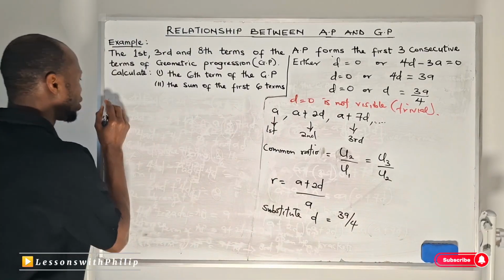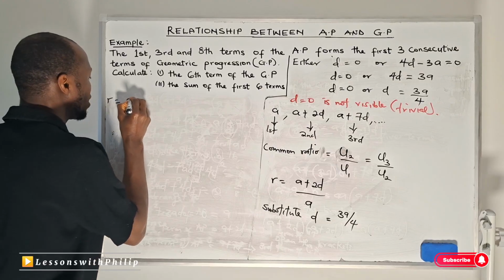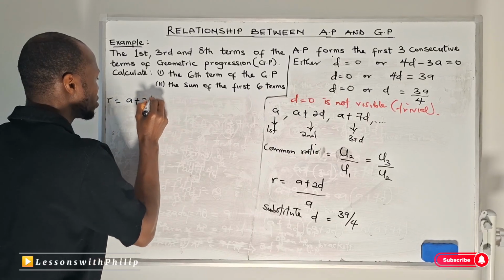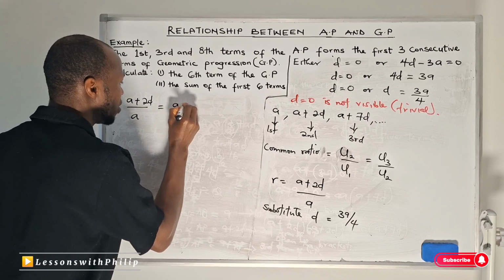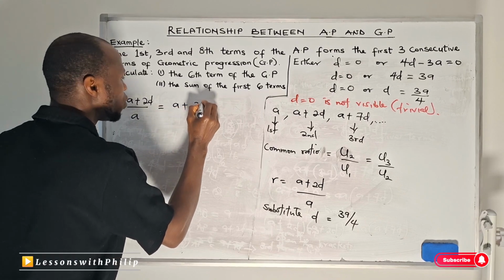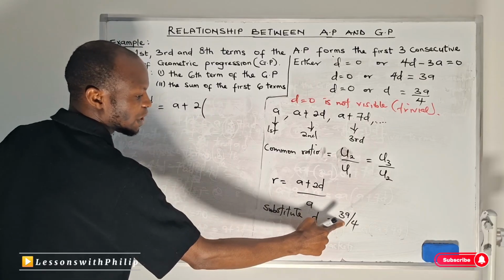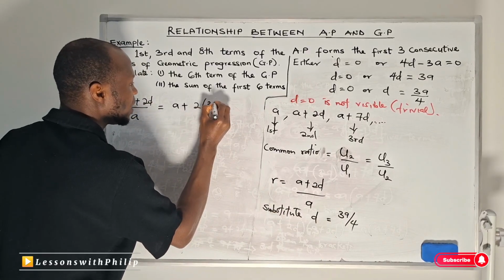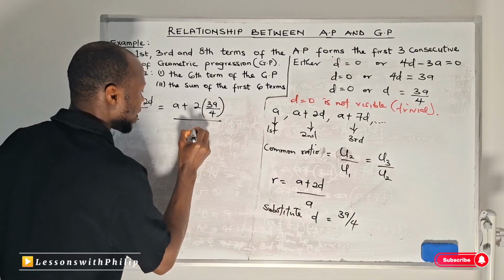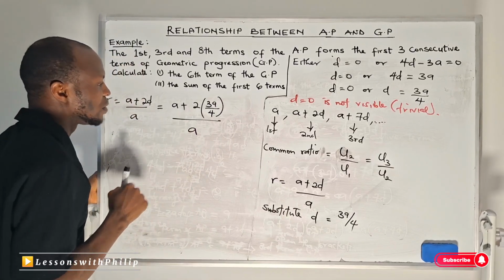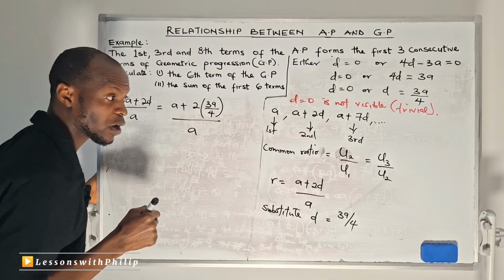Now your common ratio, which is A plus 2D divided by A, will be A plus 2 multiplied by 3A over 4, all divided by A. The only thing that's changed is I've inserted the value of my common difference.